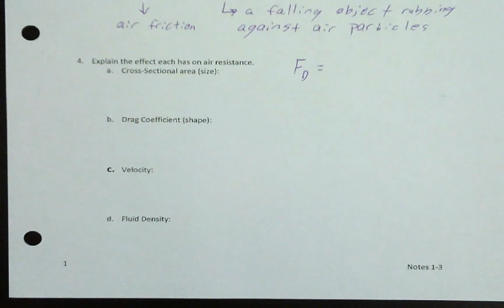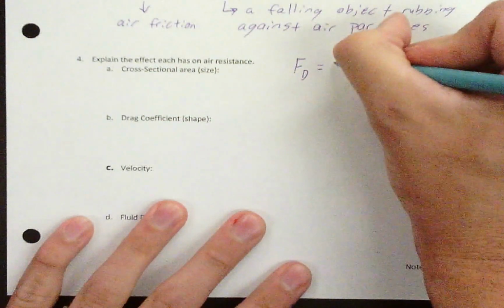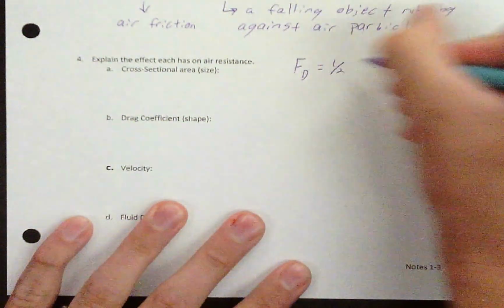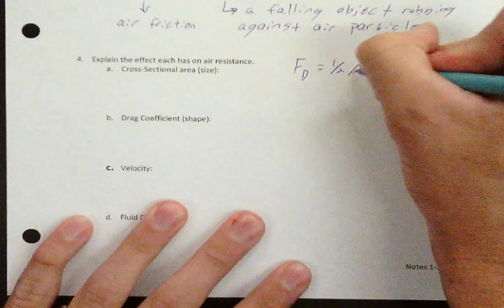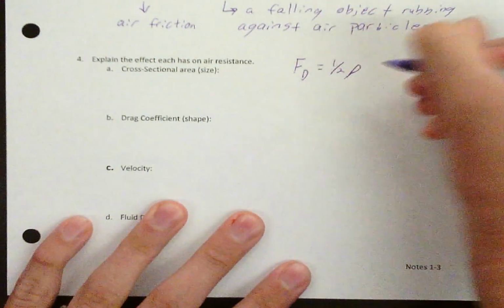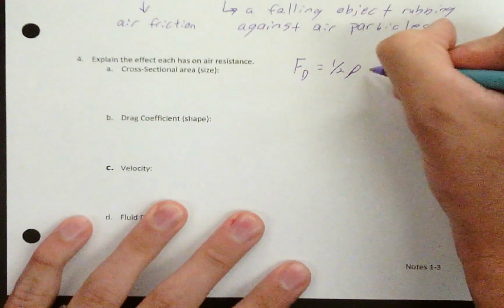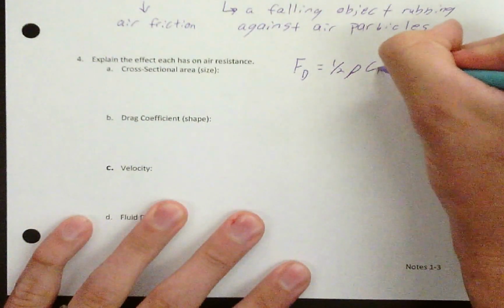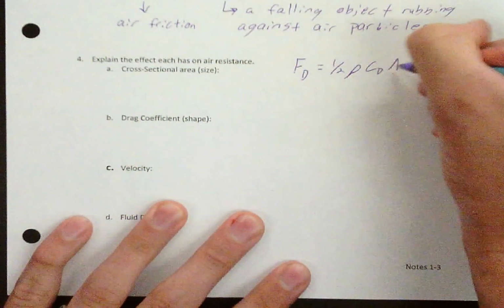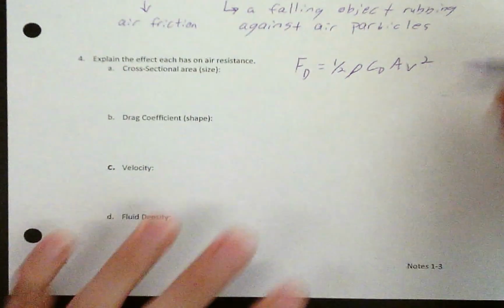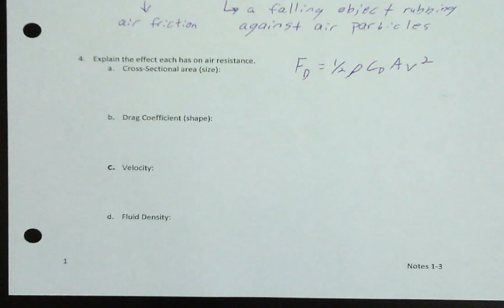But the equation will be helpful in trying to piece together how things affect it. And the equation is this: 1/2 rho CD A V squared. Okay? Totally good. We got all those things. Easy peasy. Don't worry, I'll tell you what each of the symbols are in a second.